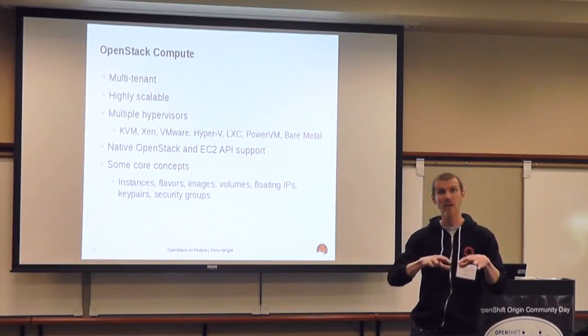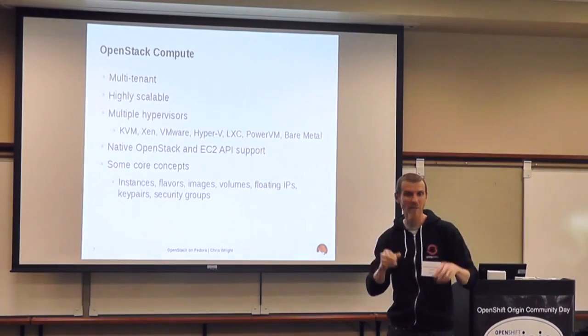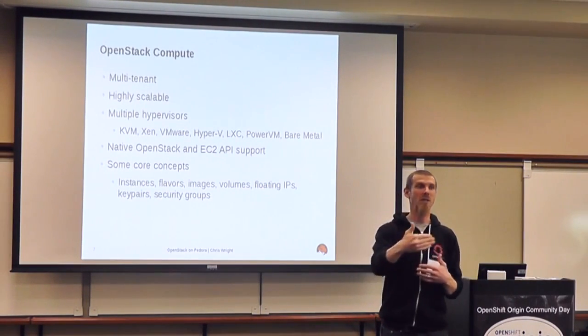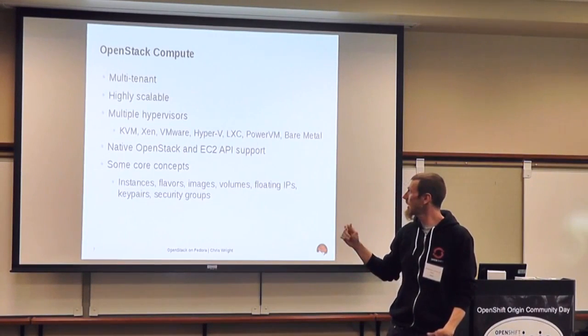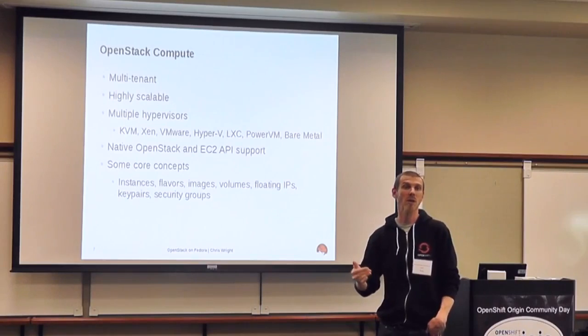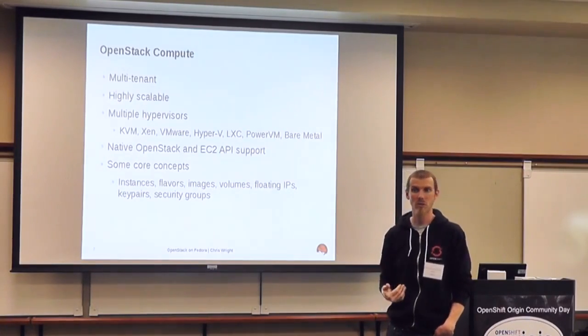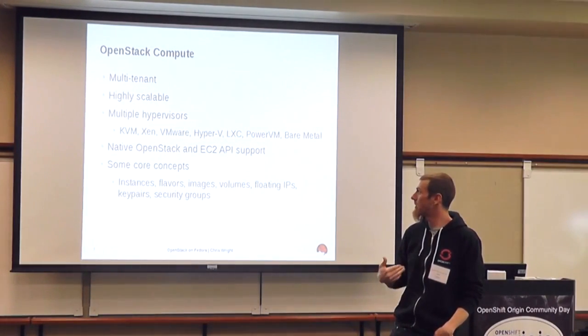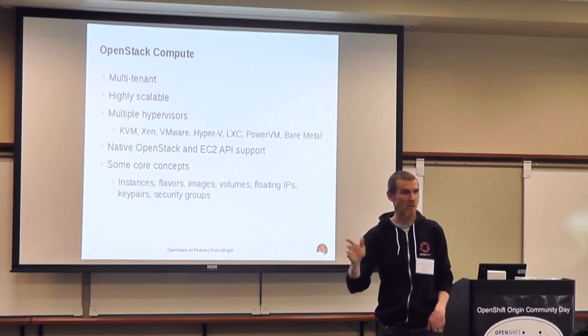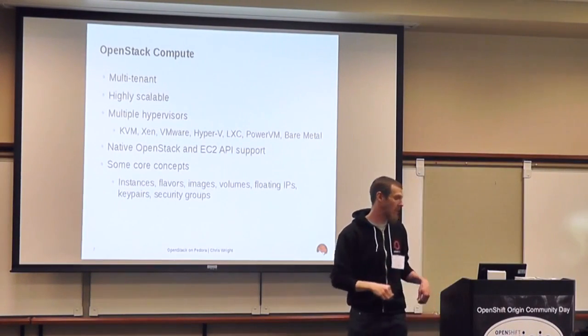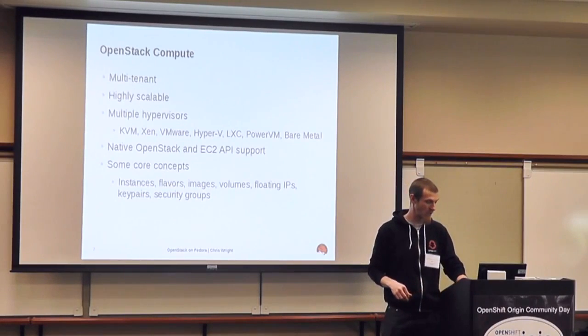As a tenant, you may be only allocating an internal private network, and you still need a way to publicly access your workloads. Key pairs give you just a simple way to upload your credentials to an instance, the public portion. And security groups are a form of firewalling, typically used in the context of floating IPs.